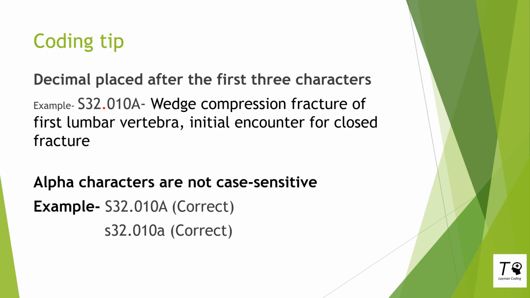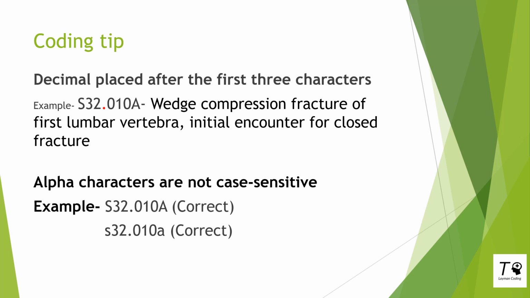We have a few coding tips for you guys. Maximum people make mistakes in these areas. Decimal must be placed after the first three characters. We have one example for you.